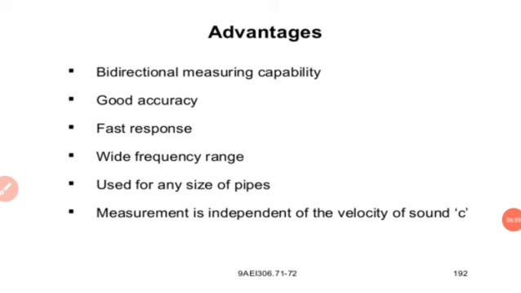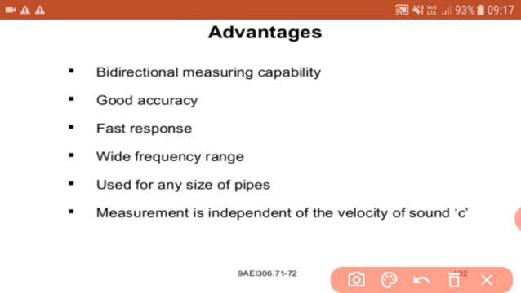Now we can add some more advantages. In this case there is no obstruction to the flow. They have negligible pressure loss of fluid because of little resistance to the fluid flow, so efficiency will be high.